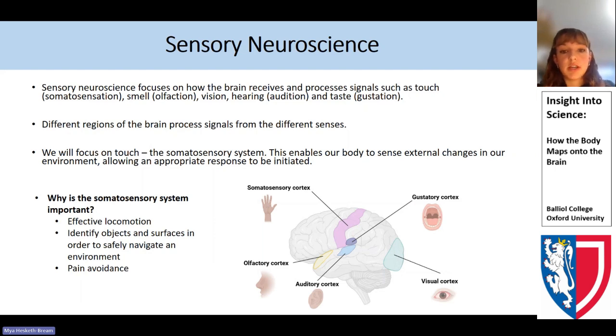We need to be able to detect the terrain that we're walking on, or feel what's around us in order to effectively move. We can't be bumping into things all the time. We also need to be able to identify objects and surfaces in order to safely navigate an environment, and also avoid pain. We don't want to be touching things that are really sharp, that will cause us damage in some way. So this is a really important sensory system.